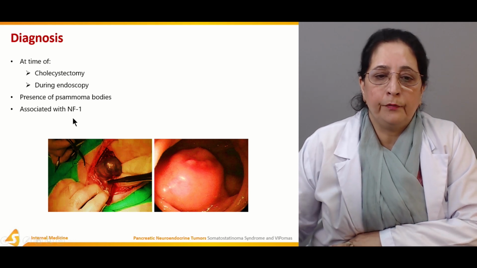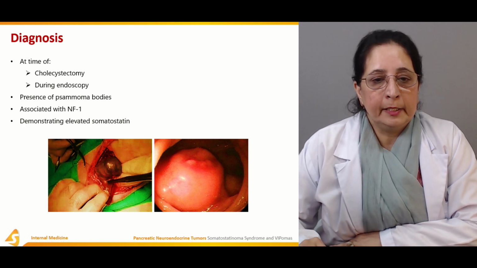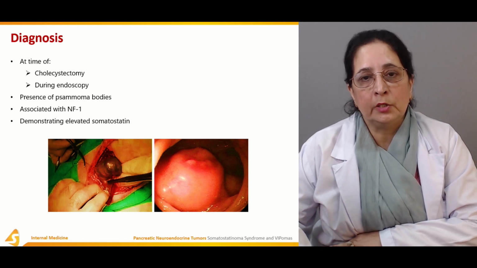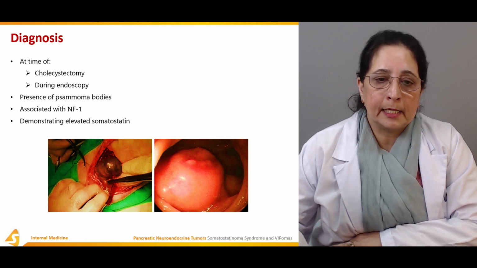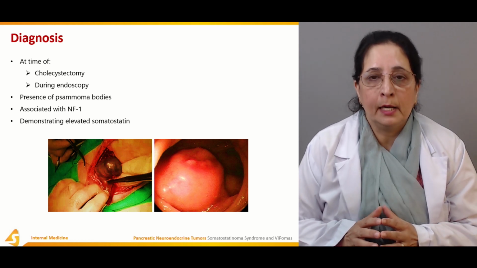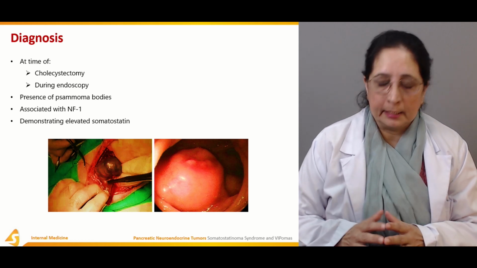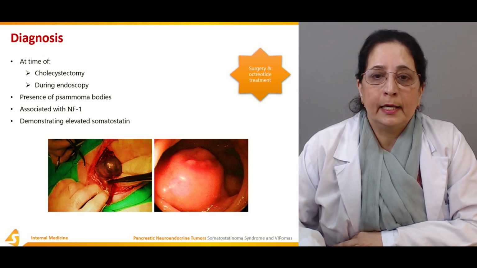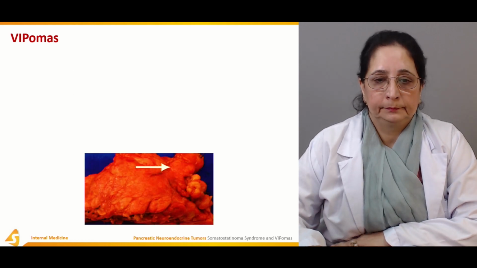Associated with neurofibromatosis 1, demonstrating elevated somatostatin. So it is associated with increased levels of somatostatin. It is associated with neurofibromatosis 1, and there are psammoma bodies present in this condition. Treatment is surgery and octreotide.